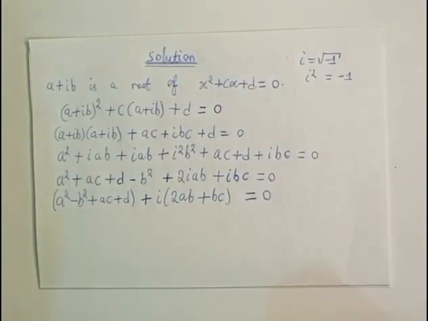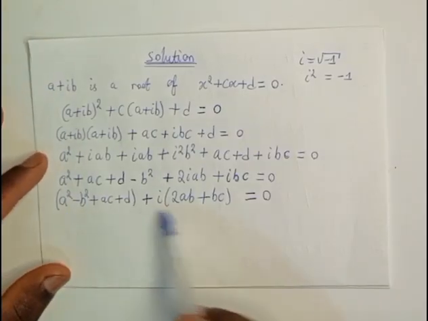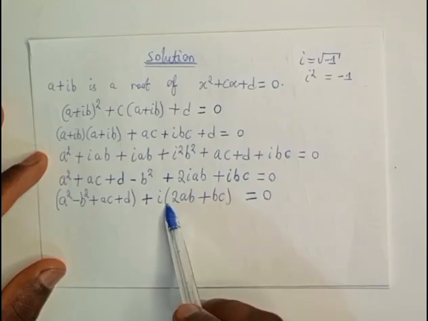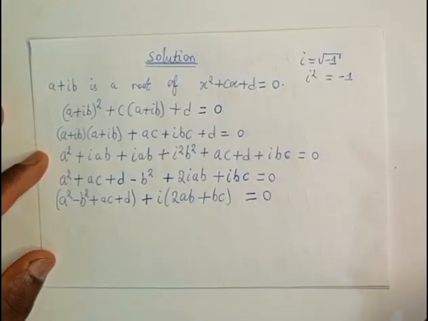For this complex number to be equal to 0, the real part must be equal to 0 and the imaginary part must be equal to 0. That's what it means.